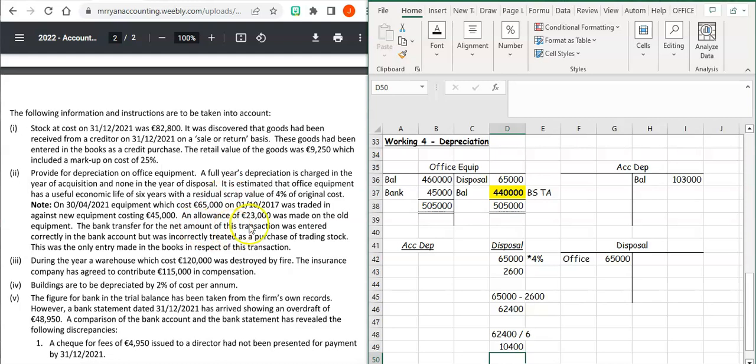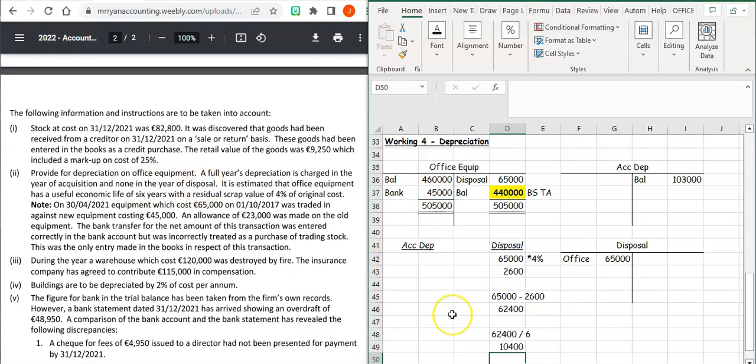Now it tells in the question that we bought this 65,000 asset on the 1st of the 10th, 2017. It said a full year depreciation is charged in the year of acquisition. So you got 17, 18, 19, 20, 21. So that's going to be 5 years. But it tells us here that there's no depreciation in the year of disposal.